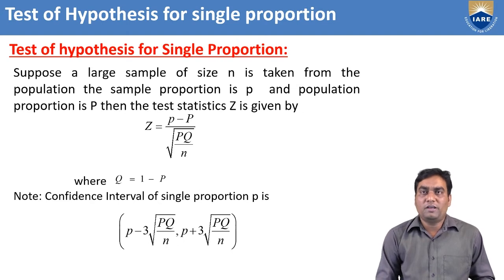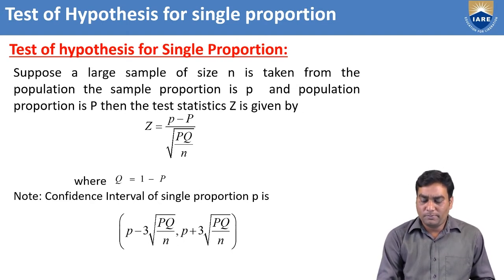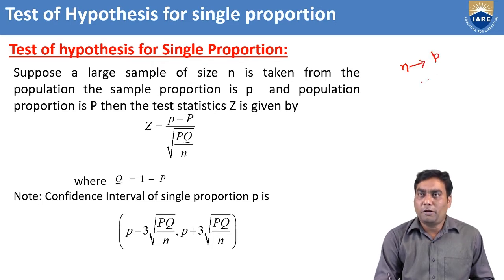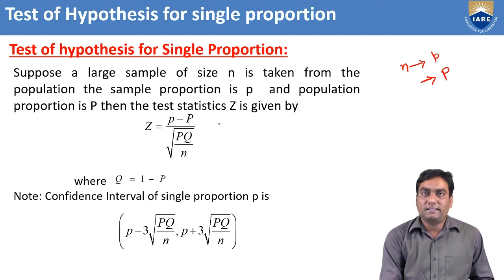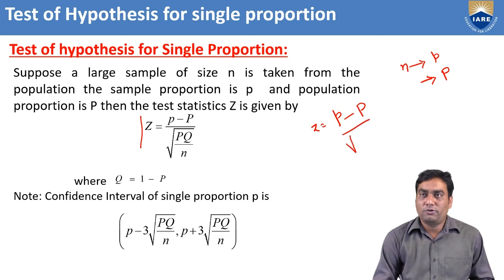Now, in test of hypothesis for single proportion, suppose a large sample of size n is taken from the population, and the sample proportion is small p and the population proportion is capital P. Then the test statistic Z equals small p, the sample proportion, minus capital P, the population proportion, divided by under root of PQ by N. Here small p is the sample proportion and capital P is the population proportion.